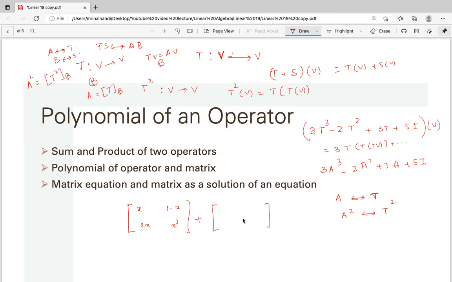You can think of this in two different ways. One is that there is a matrix, and this matrix has entries with an integer variable, which we have to solve.